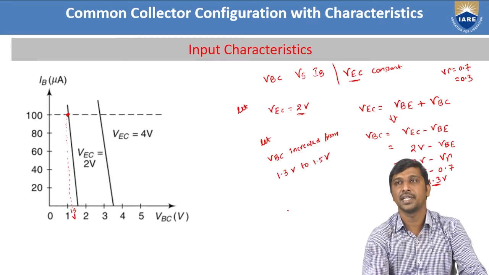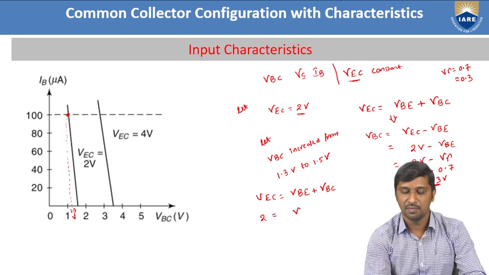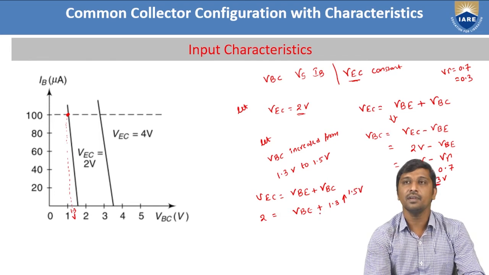What happens? We need to check. What is the relation here? This VEC is equal to VBE plus VBC. Now VEC is a constant, that is 2 volts. Now what happens? This VBC is changing from 1.3 volts to 1.5 volts.